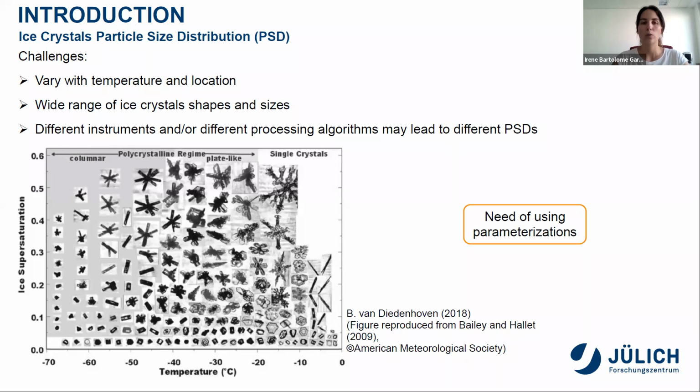Also, different instruments will probably have different processing algorithms, resulting in slightly different PSDs. Because of all this complexity, when one wants to use the PSDs for retrievals from remote sensing instruments and also for models, one needs to make use of parametrizations.